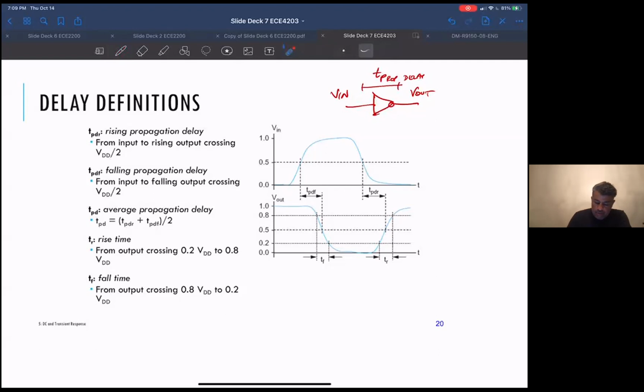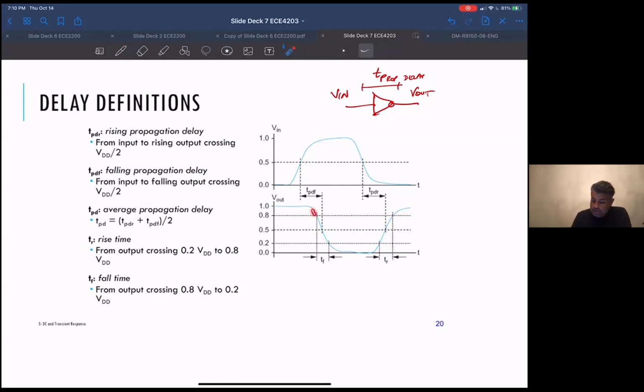The prop delay is the delay between the 50% point of the input transition to the 50% point of the output transition. So the prop delay is from input to output, and it's a different number depending on whether the output is falling or the output is rising.